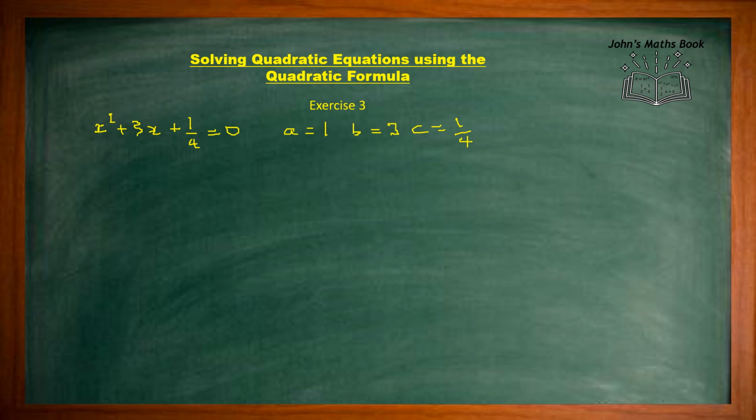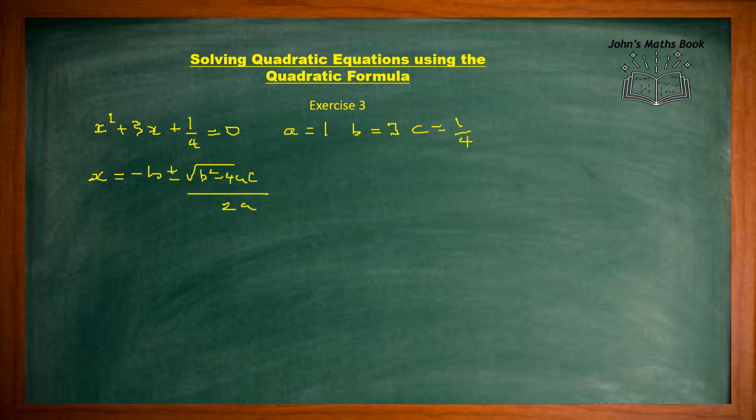So let's apply the quadratic formula, which is x is equal to minus b plus or minus the square root of b squared minus 4ac, divided by 2a.